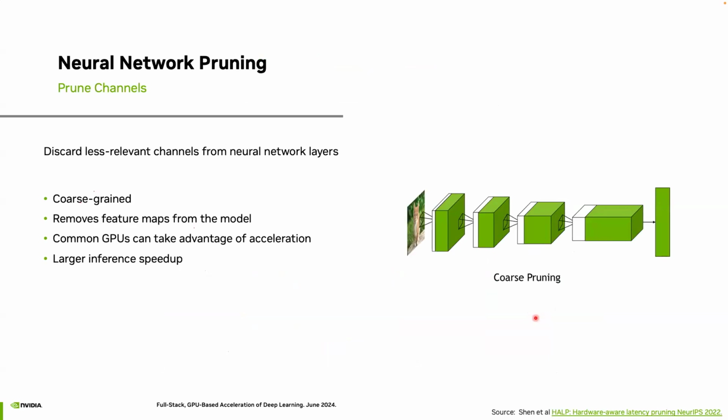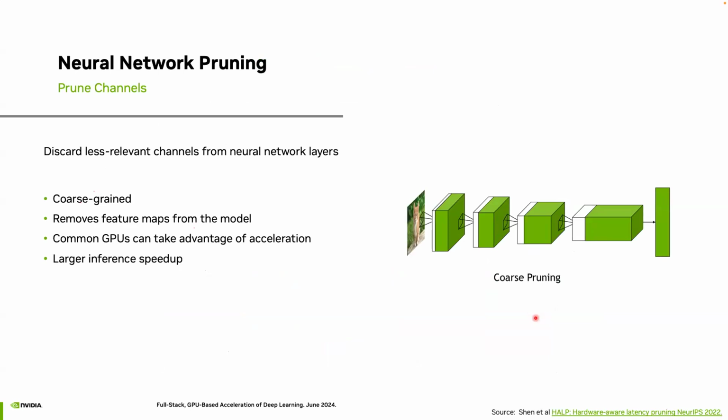That's not enough. So here comes a more coarse-grained way to prune models, where we perform the pruning on entire channels. We identify the less relevant channels and remove the entire channel directly.